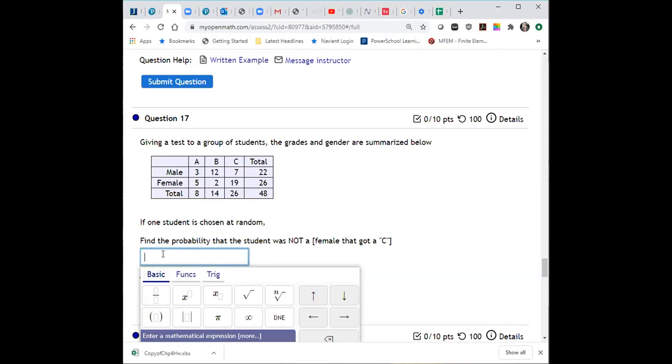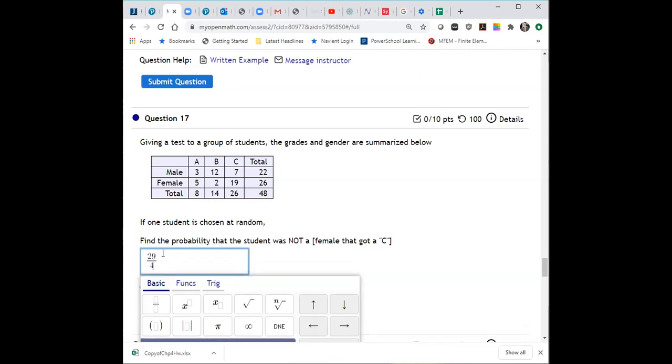So you have 29 over the total, right? Because as you add 29 with 19, you get 48, right? So this will be complementary. So this will be the answer.